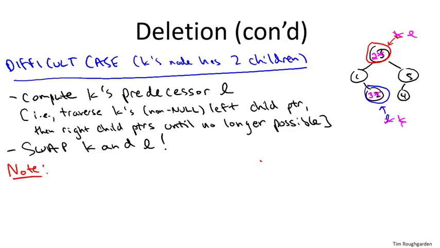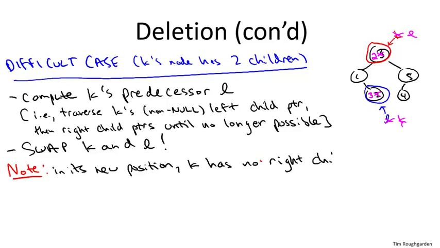Once we swap k into l's old position, k now does not have a right child. It may or may not have a left child. In the example on the right, it does not have a left child either in its new position, but in general, it might have a left child. But it definitely doesn't have a right child, because that was a position at which a maximum computation got stuck.